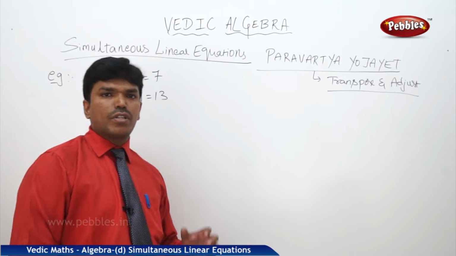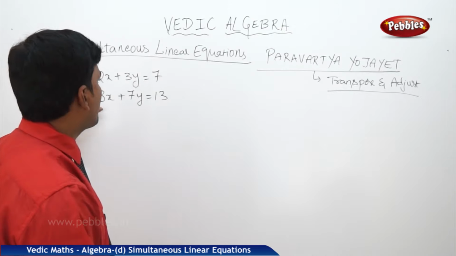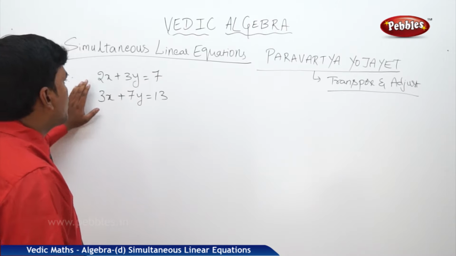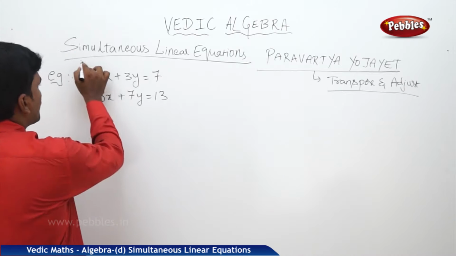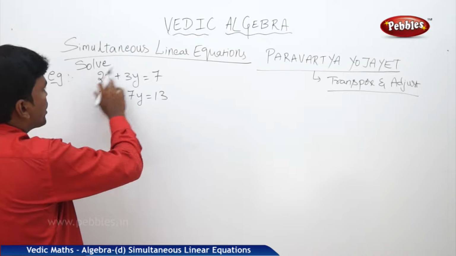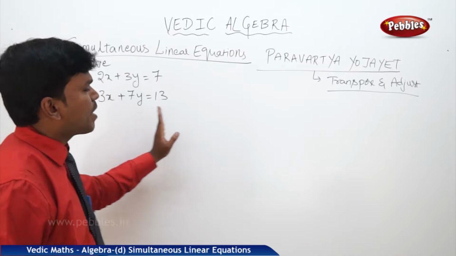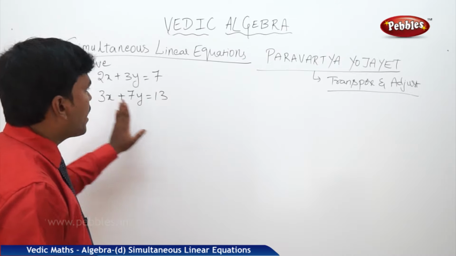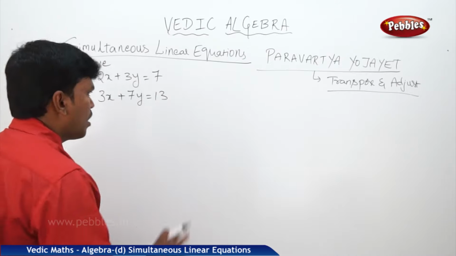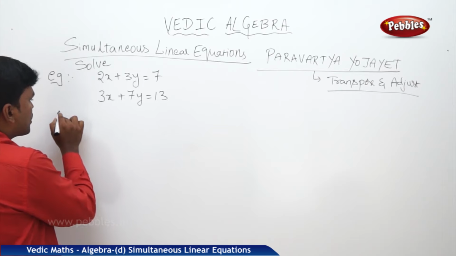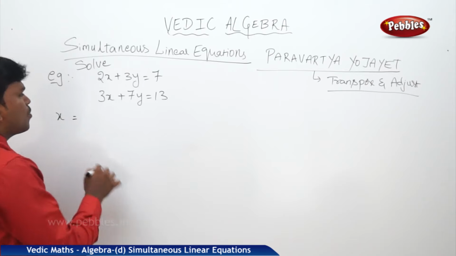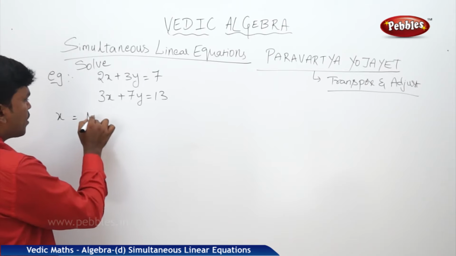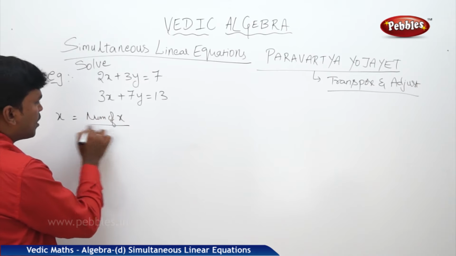So friends, let us find the solution for the two simultaneous equations. Solve 2x plus 3y equal to 7, 3x plus 7y equal to 30. We have to find the solutions of x as well as y. x is the numerator of x by the denominator of x.